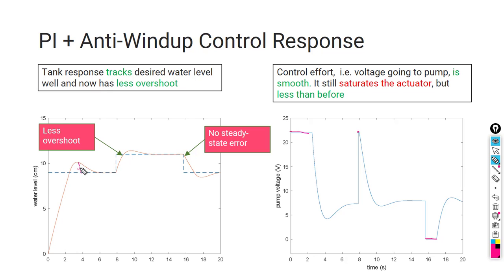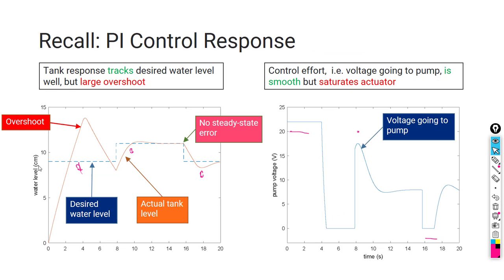So here, no overshoot or very little overshoot, compared to here. In here, high overshoot. So here I have overshoot and the saturation is much more. This is basically about the first method.